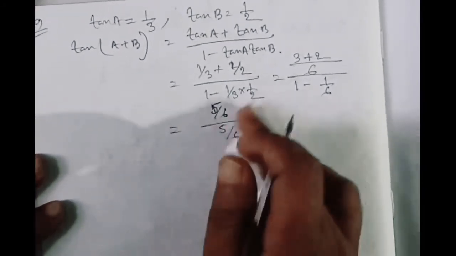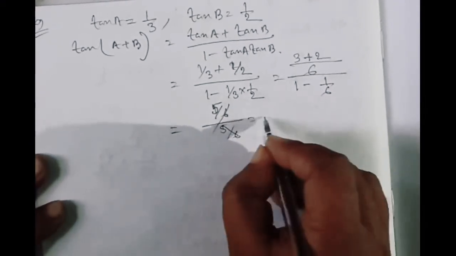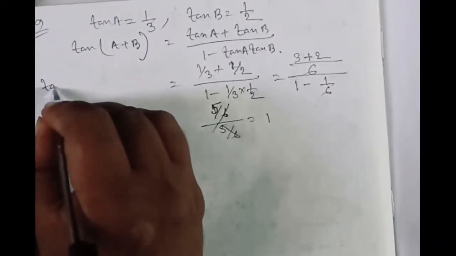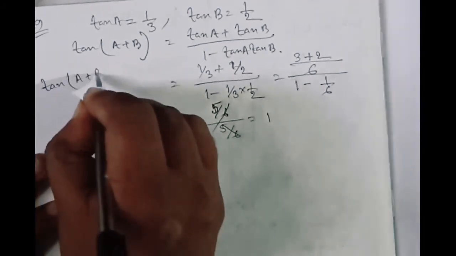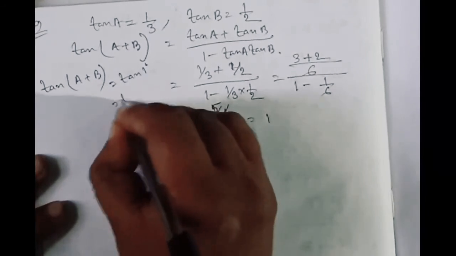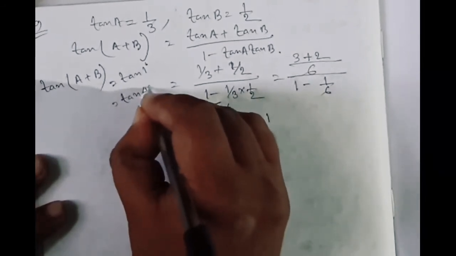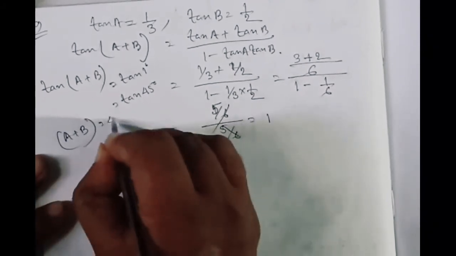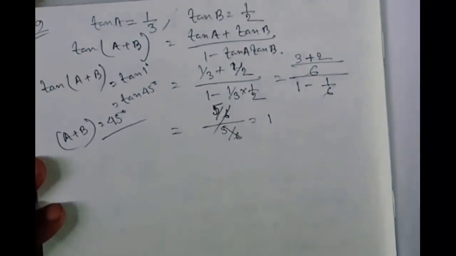So, 5 by 6 by 5 by 6 means 1. So, tan A plus B is equal to tan 1, that is equal to tan 45 degree. So, obviously A plus B is equal to 45 degree.